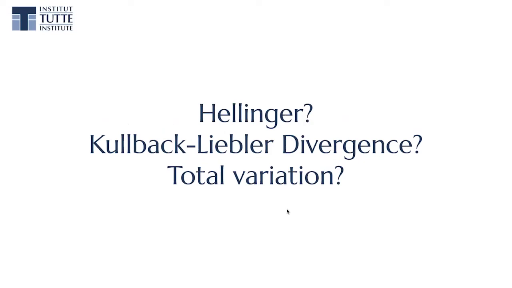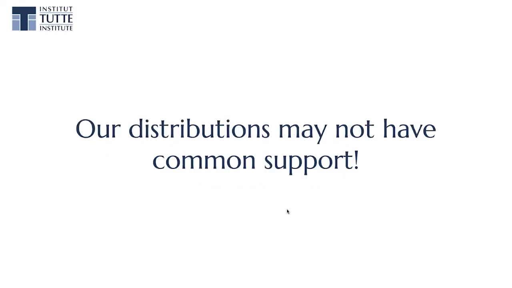But all of these ones that I described here have the same problem, which is that they really want the distributions to have common support. In other words, they expect the distributions to all be sort of filling out the same set of variables over the same full space.